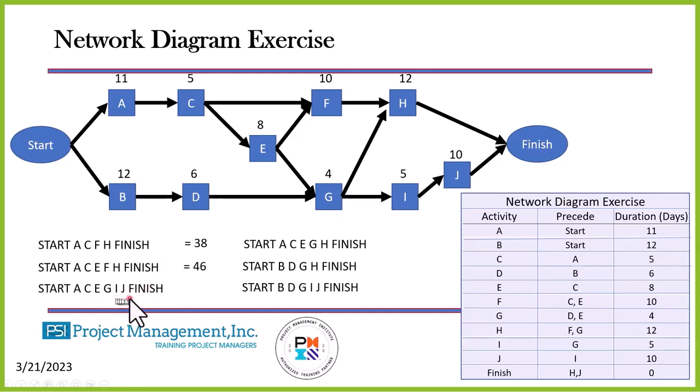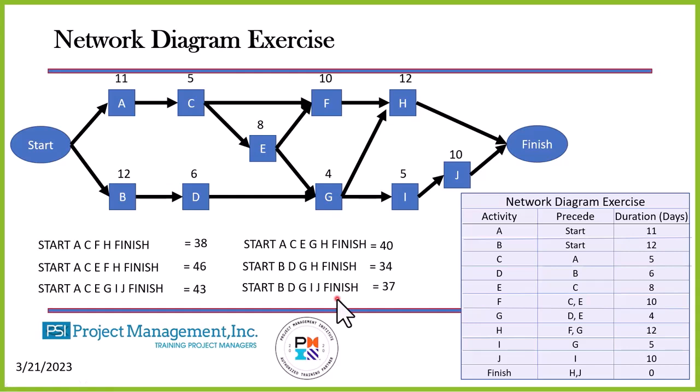The next one, ACEGIJ, has a duration of 43 days. The next one, ACEGH, has a duration of 40 days. The next one, Start BDGH Finish, has a duration of 34 days. And then the last one has a duration of 37 days.